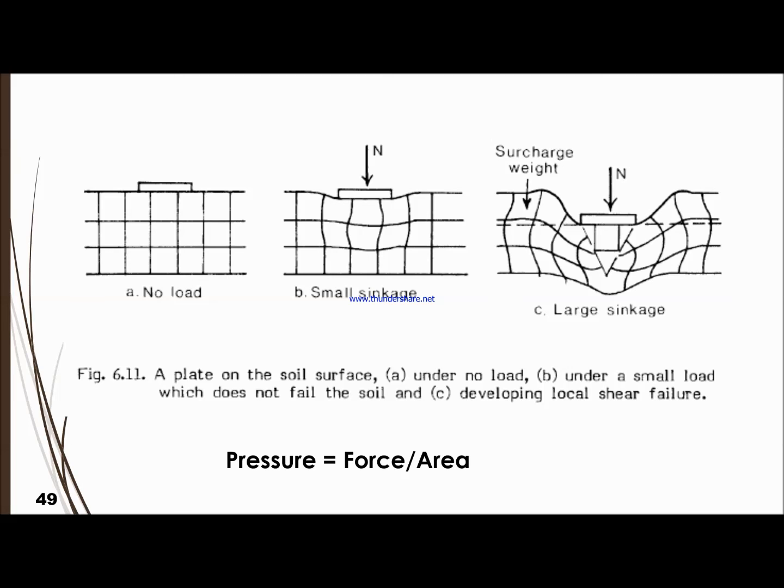If you have the same force but the contact area is less, that's what happened in figure C. You have sinkage. What happened in B? It is relatively stable. Then C, while at no load A, of course you don't anticipate shear failure of the material. In this case, the material is the soil.